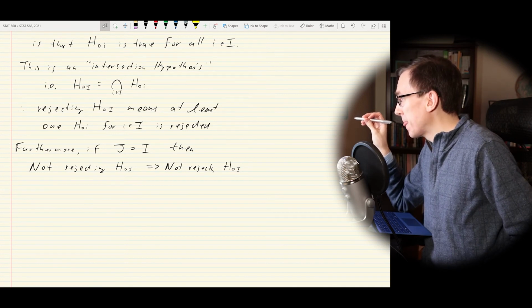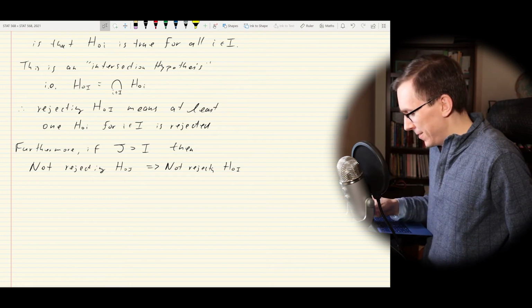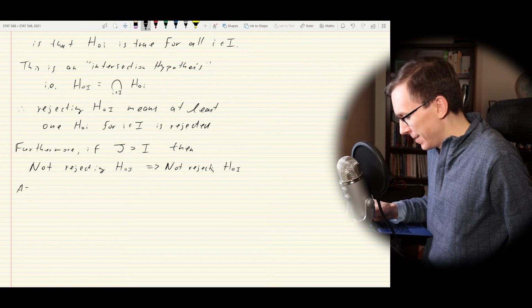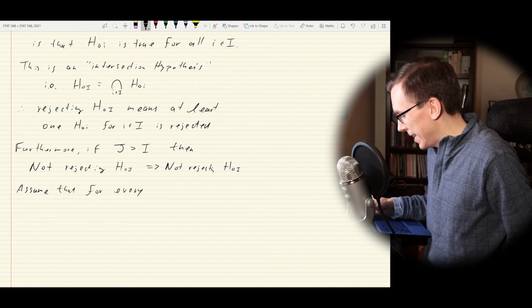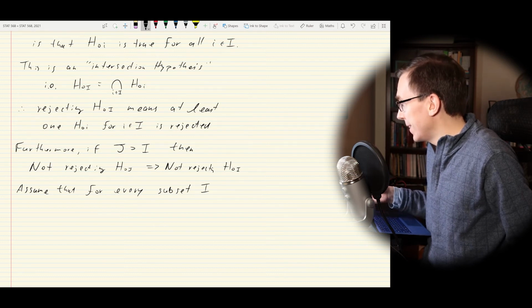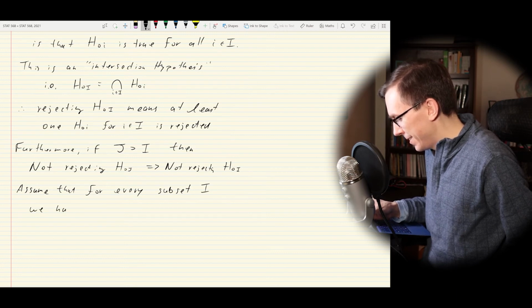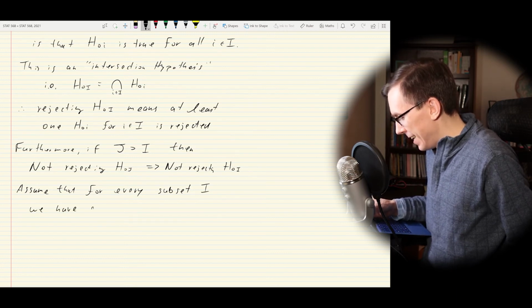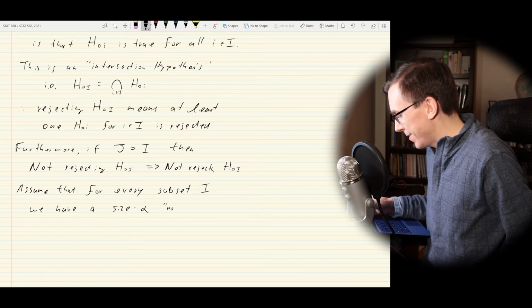All right, so now the claim is that we assume that for every subset I of indexes, we have a size alpha or level alpha non-randomized test function.